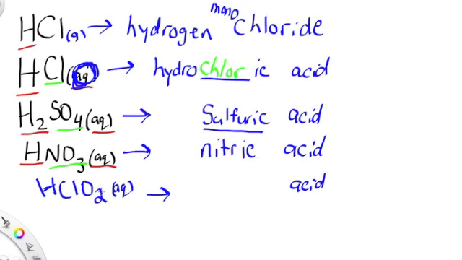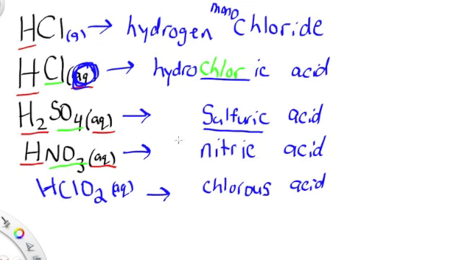It might be there, which is chlorite. If it's not, you would find chlorate is ClO3. 1 down from an ate is an ite. And all we do to name that acid is a chlorite becomes a chlorous. Ite becomes ous. And so this becomes chlorous acid.